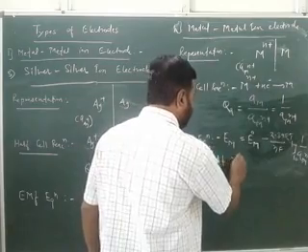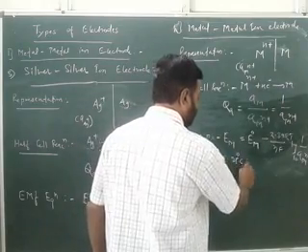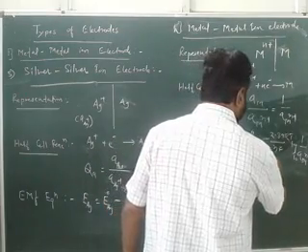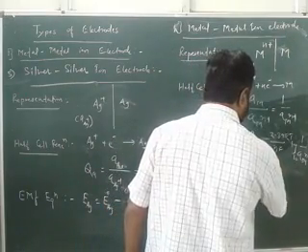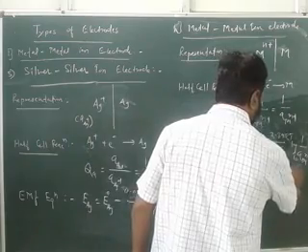At 25 degrees Celsius, 2.303 RT divided by F is equal to 0.0591.